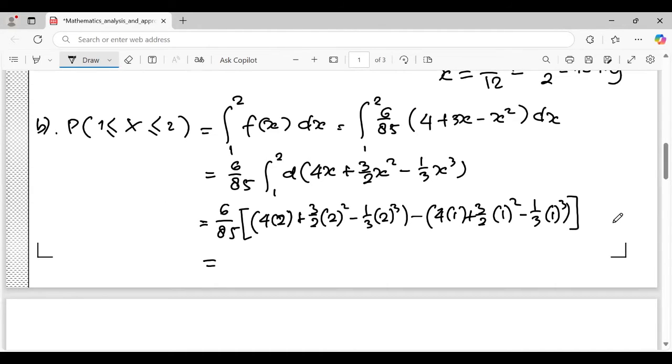And if you calculate, you can find the result is 37 over 85, or in decimal, 0.4352 and so on, or rounded to 0.435.